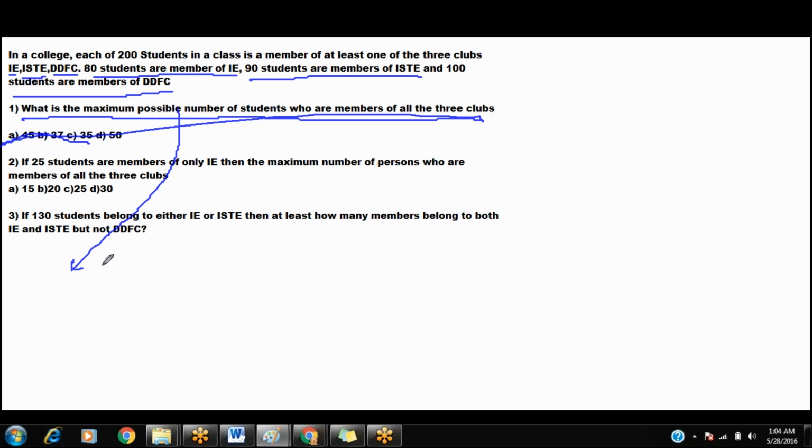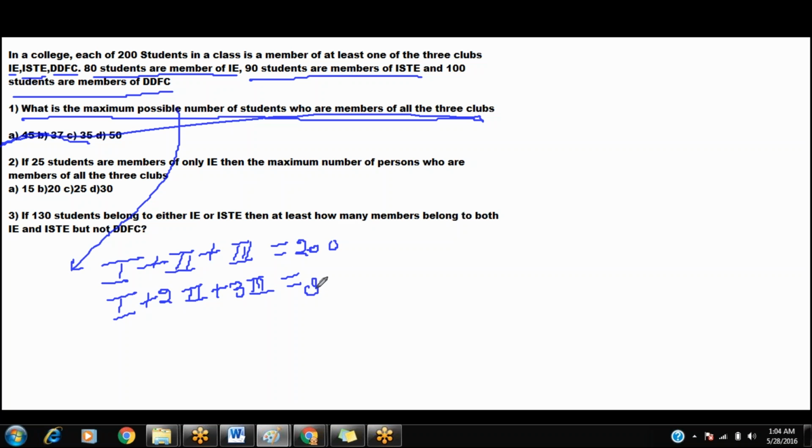Now method 1, I already explained in one of my videos: n1 plus n2 plus n3 is equal to 200, and n1 plus 2 times n2 plus 3 times n3 is equal to 80 plus 90 plus 100, that means 270.